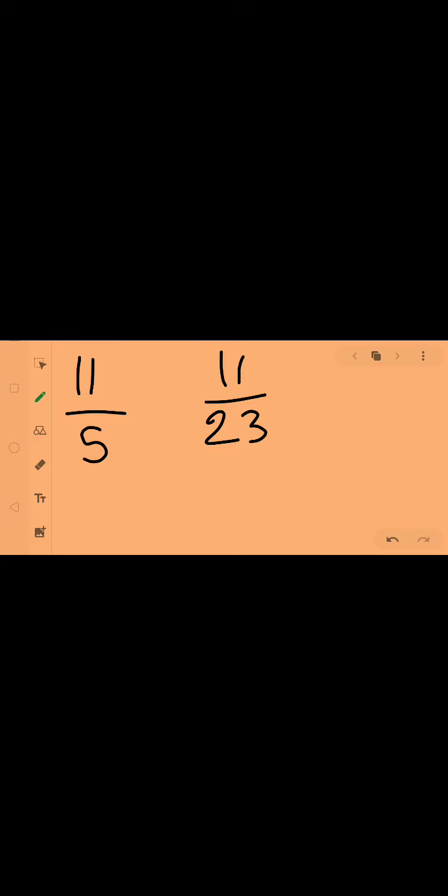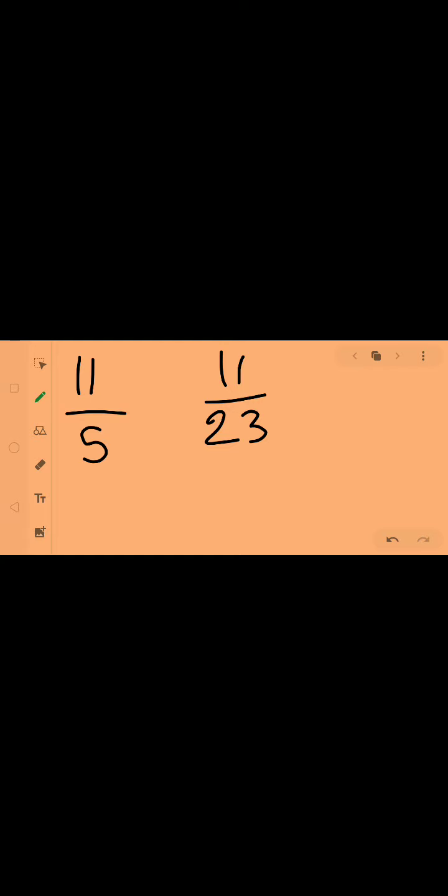I repeat once again, to compare unlike fractions with the same numerator, the rule is that the smaller the denominator, the greater its value. According to that, in 11 by 5 and 11 by 23, 5 is the smaller denominator. Therefore, 11 by 5 is the greater fraction.